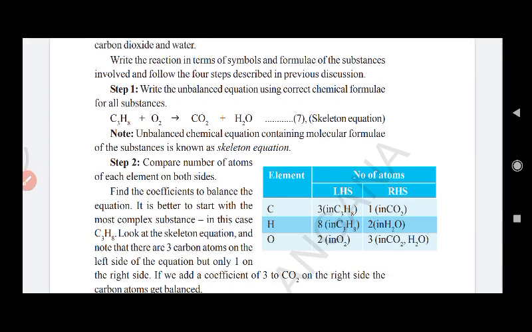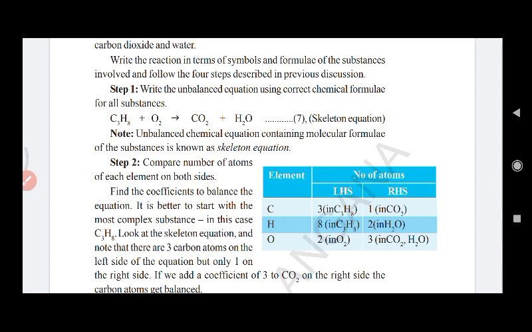In step 2 we have to compare the atoms of each element on both sides, at the reactant side and at the product side. Initially we have to look at the chemical equation. What are the elements involved? Carbon, oxygen and hydrogen, these three elements are involved in the given chemical reaction.